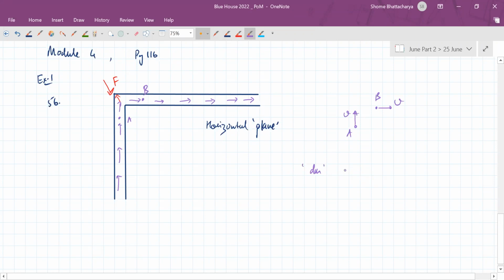So going through the corner, if you have a liquid section of mass dm, its momentum changes from v at A to v at B. So that is like this. So this is a change in momentum.